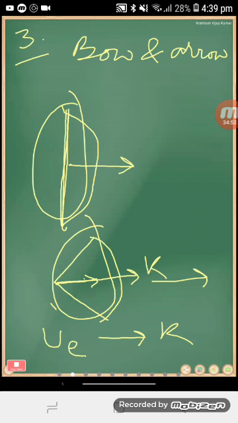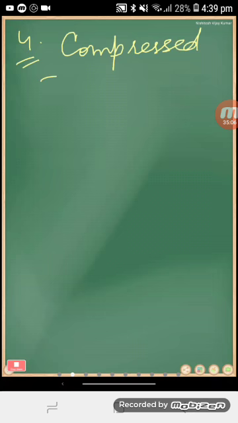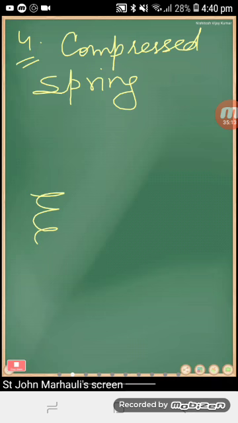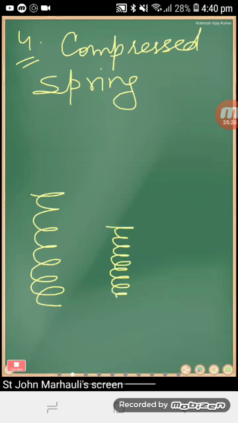Similarly, in the case of a compressed spring, the fourth example is your compressed spring. Now, when you compress it, you apply a force and make the spring compress.